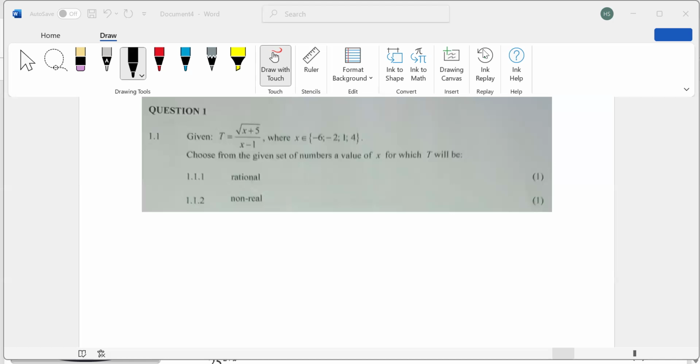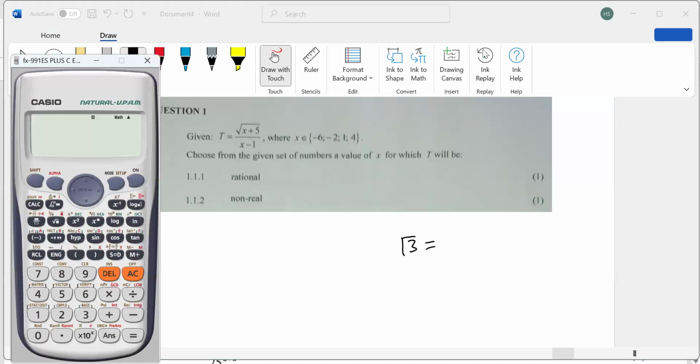If you have a square root of something, like for example, the square root of 3, it's a decimal which does not recur. The numbers are not repeating themselves. That's number 1. Number 2, it's not terminating. It doesn't have a start and an end. So your calculator can show up to 8 or 9 values after the comma, but these values are going to continue forever.